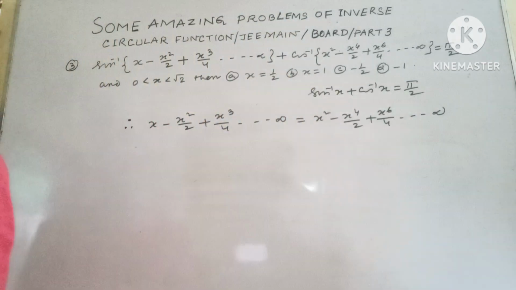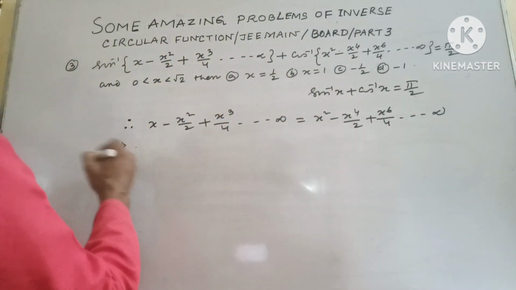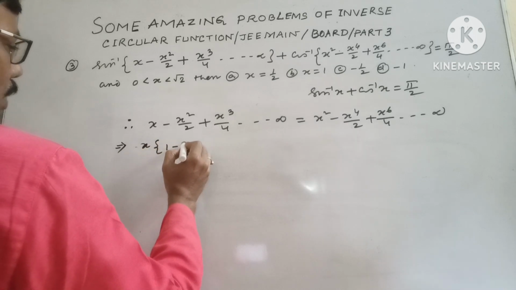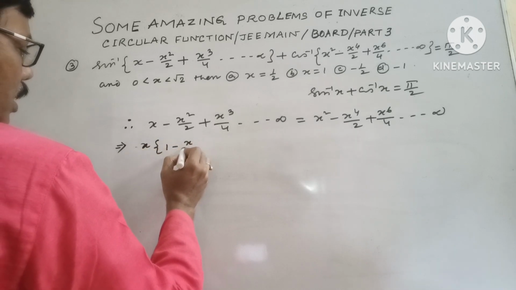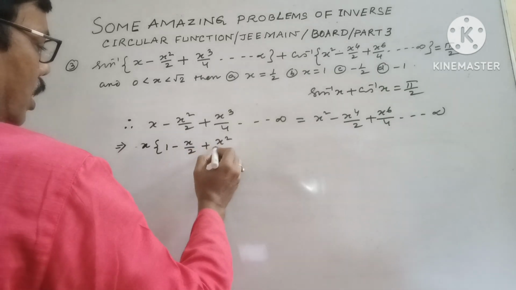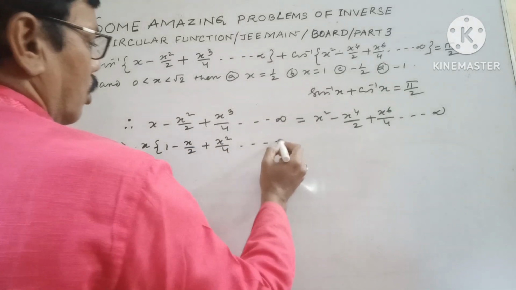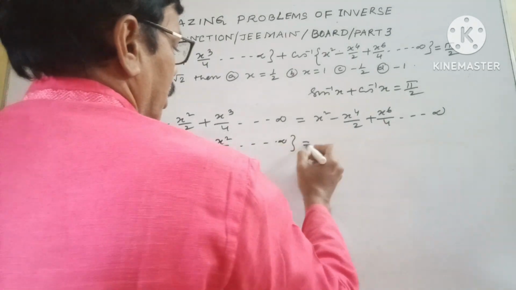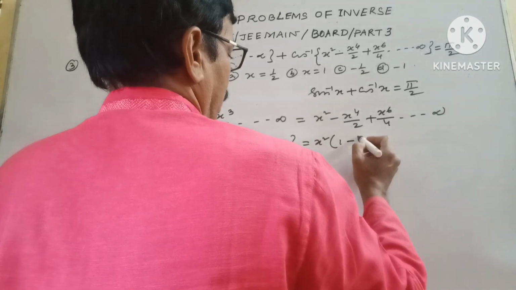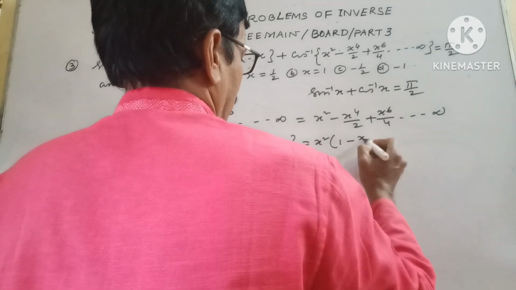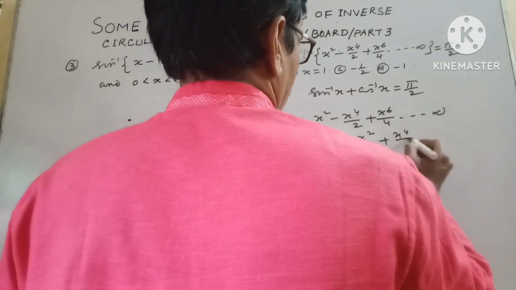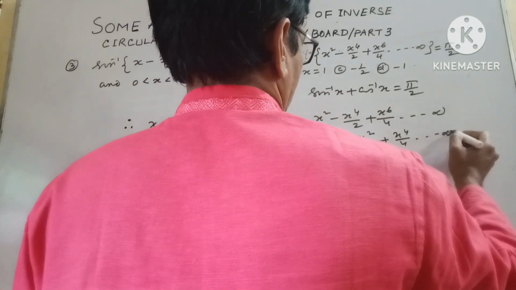Now it reduces to a problem of algebra. Take x common: 1 minus x by 2 plus x square by 4 dot dot infinity. And x square times 1 minus x square by 2 plus x4 by 4 dot dot infinity.